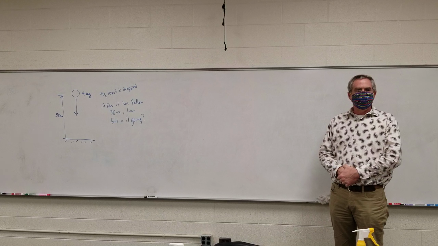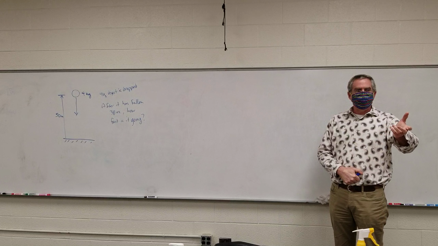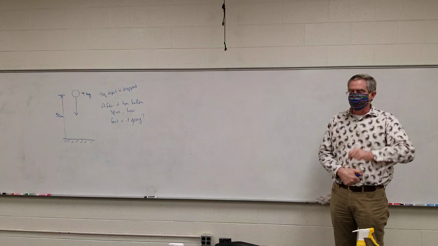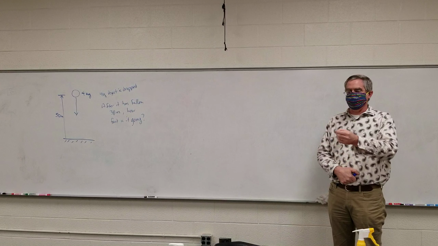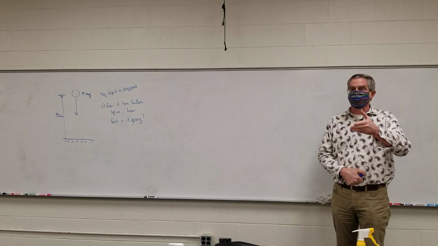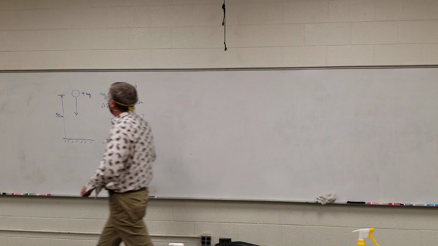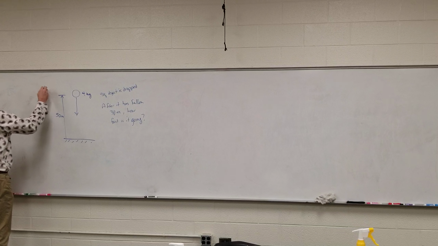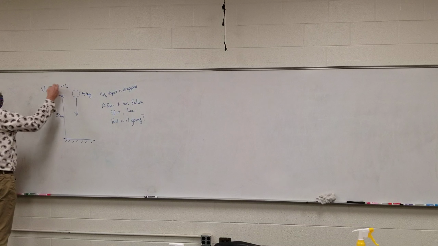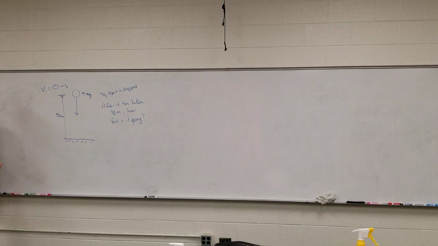It starts from, I guess, speed 0 because you're dropping it. Yes. That's implied in the term dropping, that the initial speed is 0. So the initial speed is 0 meters per second, or whatever distance over time unit you want to use.